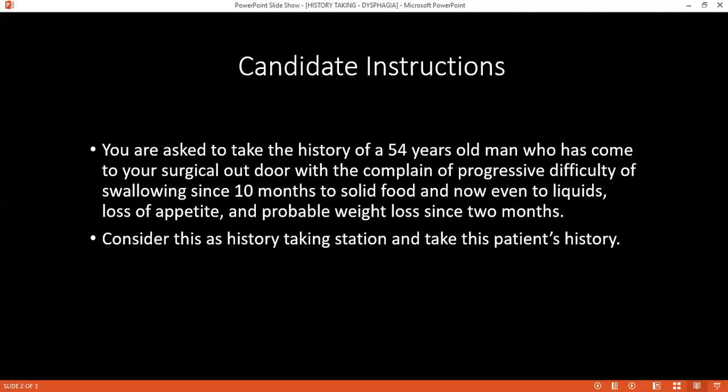If you have read and understood, considering it a history taking station, kindly begin.